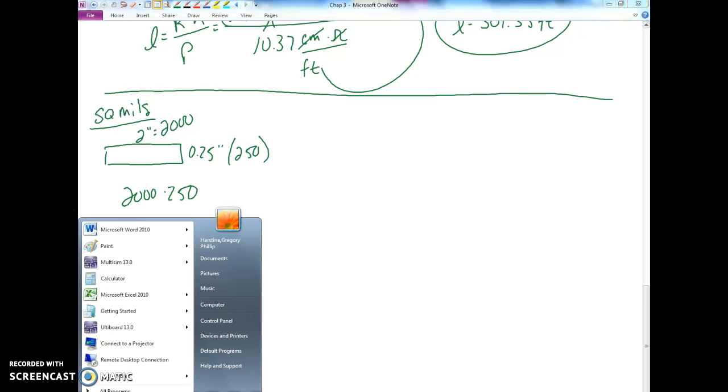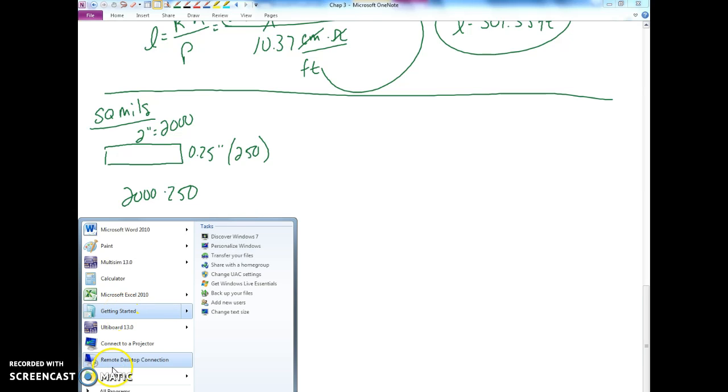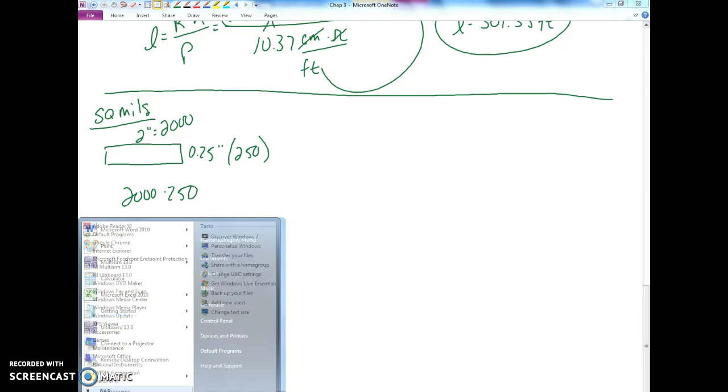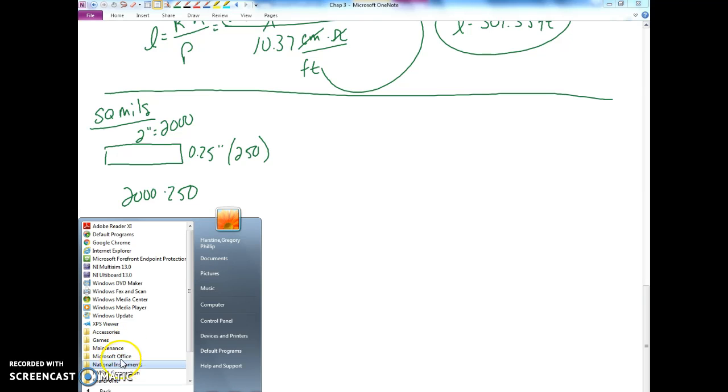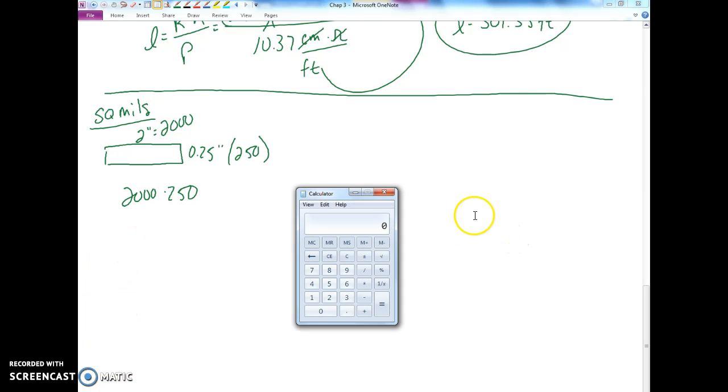I'm going to bring my calculator up here. So 2,000 times 250 gives me 500,000, and that would be square mils.